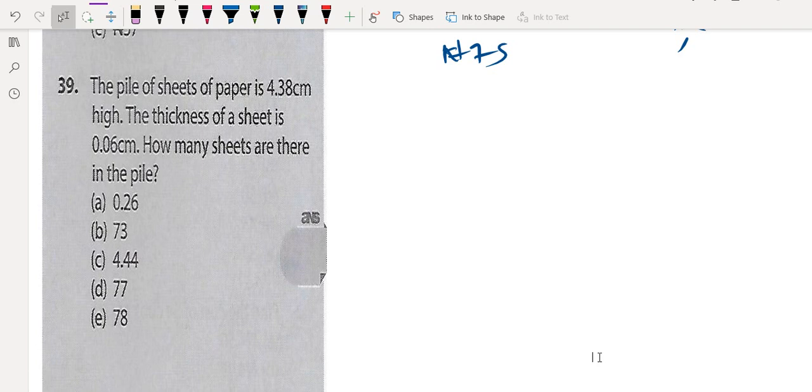I tell you that the thickness of one sheet is 0.06. Then I ask you how many sheets of paper will make up this pile for it to be this high. It will be 4.38 over 0.06.